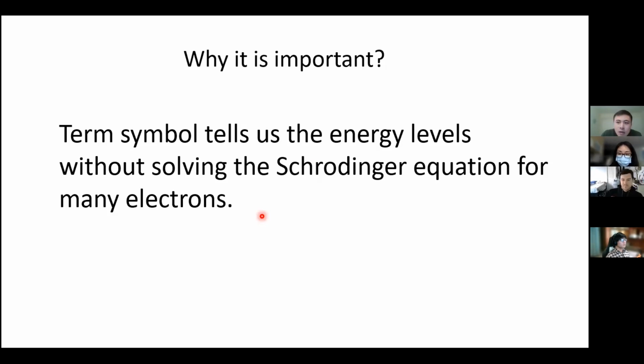So if we know how many term symbols are involved, then we immediately know how many energy levels are involved, and then we know how many peaks there would be in the spectrum that we observe. They can be obscured by the instrument broadening or the core lifetime broadening, but we'll get to the ballpark.